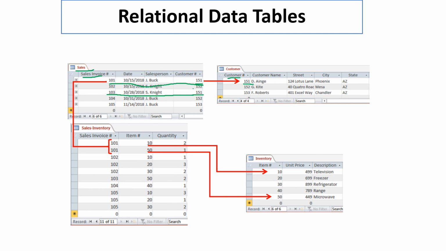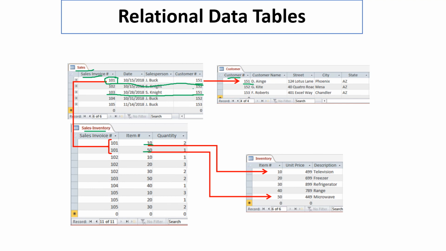Okay, so that's how we understand this. And then in sales invoice, for the first invoice, invoice 101, we can see that we have two items, item 10 and item 50, and we have a quantity of two for item 10 and one for item 50.